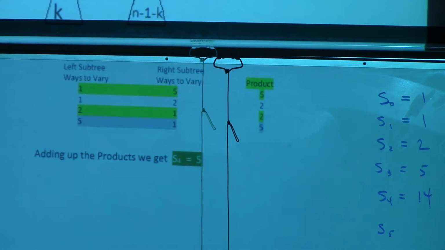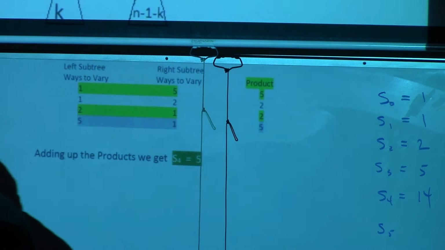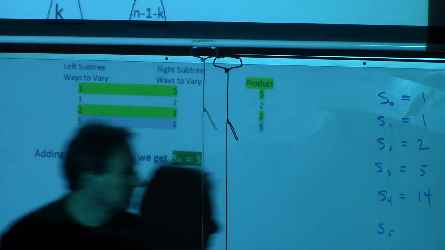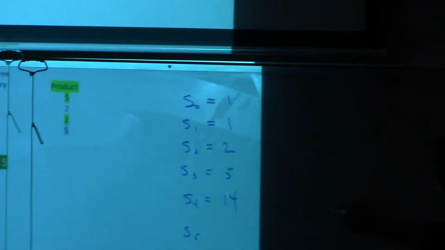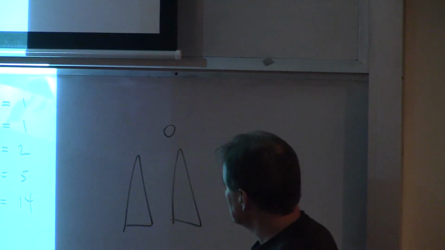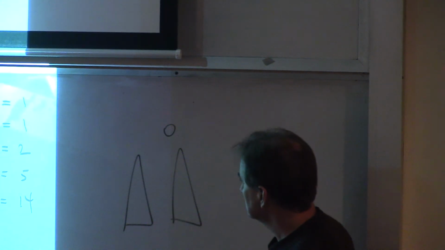So to get S5, what am I going to do? I'm going to consider the tree having a root and having two subtrees. These subtrees, how many nodes are going to be between the two subtrees?